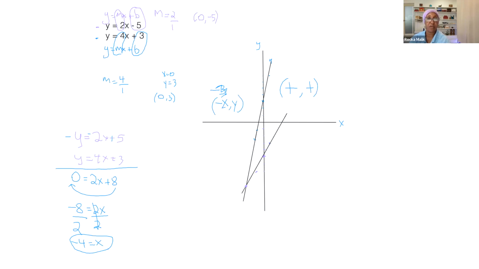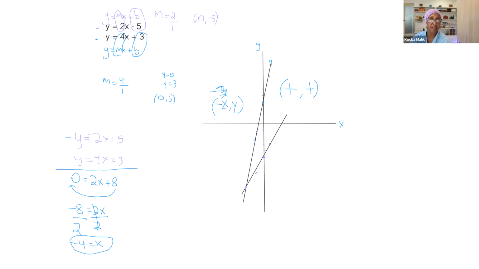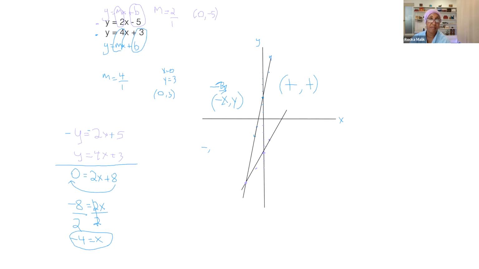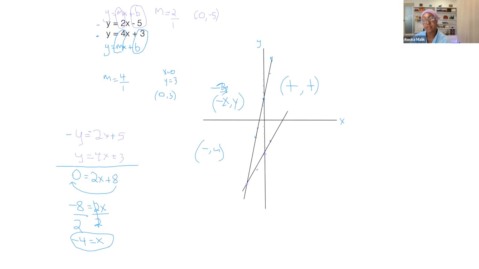This part here is when x is negative and y is negative. This part happens here when x is positive and y is negative. So I know my dot will be here.